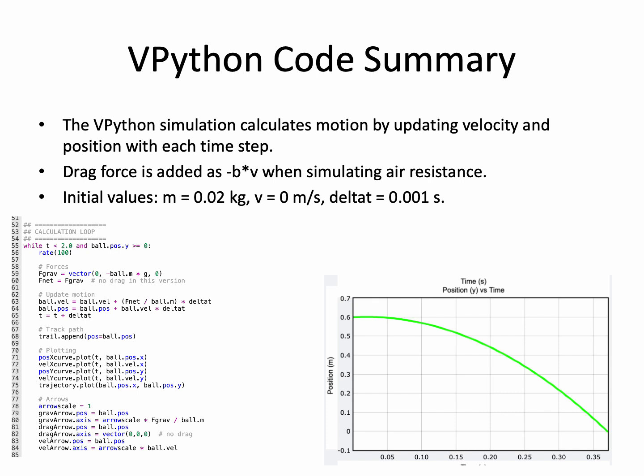So force drag was equal to negative b times the ball's velocity. So F net would be the vector 0, comma mass of the ball times g, comma 0 plus force of drag. And this is what allowed me to simulate how air resistance gradually slows the ball down in both the x and the y direction.